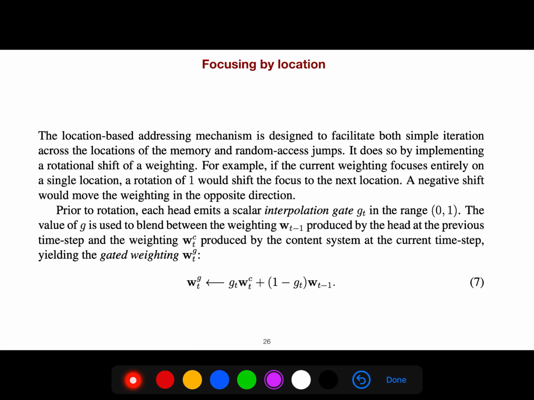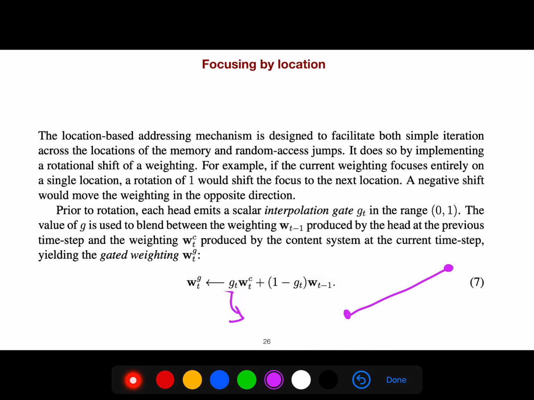And by focusing on location, it means that each head emits a scalar interpolation gate, g_t, in the range between 0 and 1, and the value is used to blend between the weighting w_{t-1} and w_t.